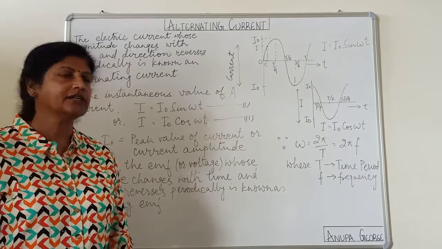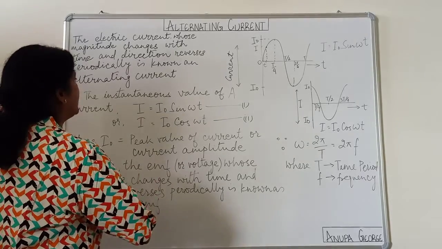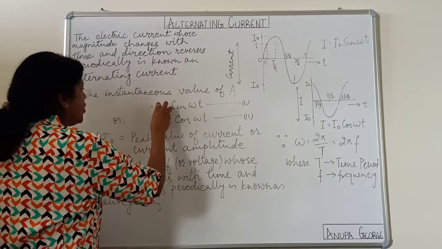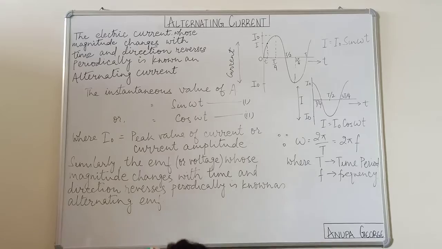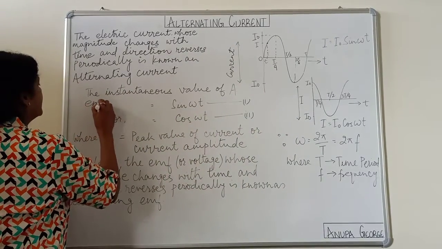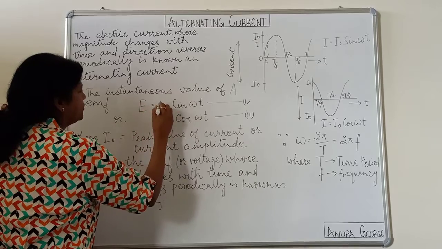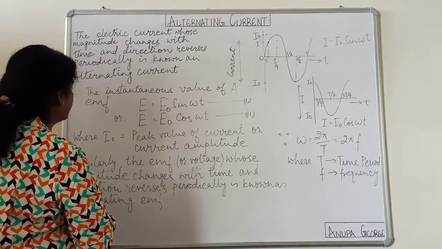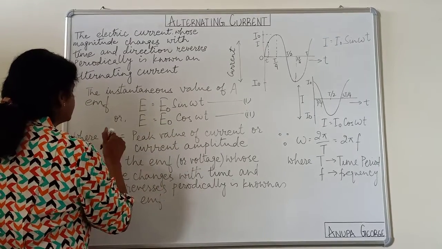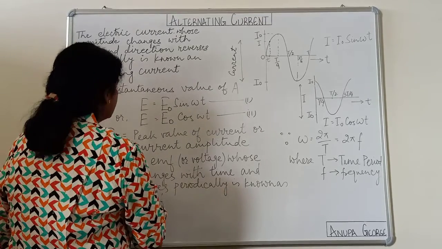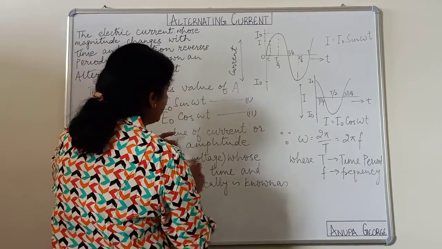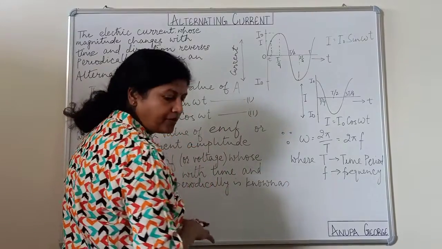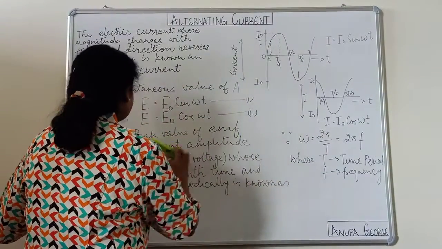So we can write the instantaneous value of alternating EMF as E is equal to E naught sine omega t or E naught cos omega t, where E naught is the peak, maximum value of EMF.